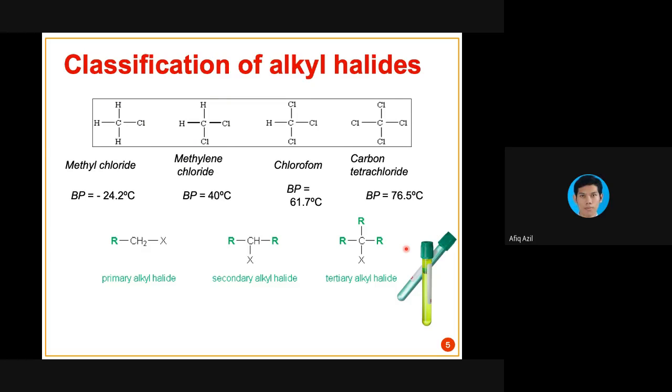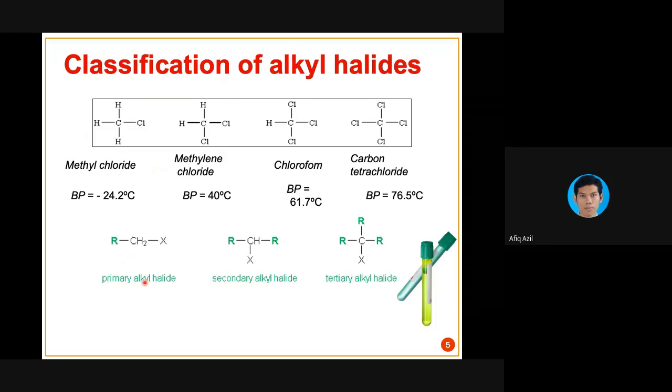No. When it becomes quaternary, it is no longer known as an alkyl halide because there is no hydrogen anymore. So there is no quaternary, up until tertiary. An example of a primary alkyl halide is the first example over here. We have methyl chloride.